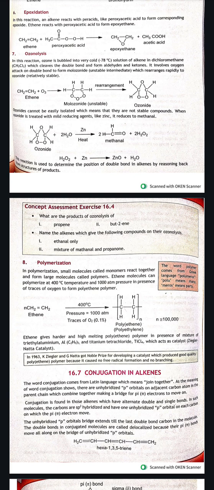So basically, it's an epoxyethane. Epoxy is when the oxygen is bridged between two carbons. The bond is also between two carbons, and there is an oxygen which is also attached to these two carbons.